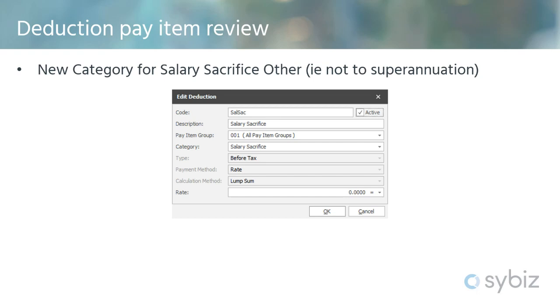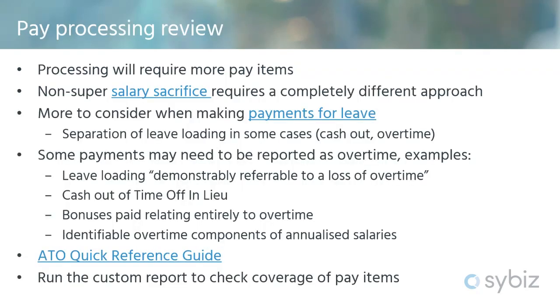We do have a detailed fact sheet on that on our website that you can get to through our FAQs. We did talk about this in more detail in previous webinars, so this is just an awareness that if you are paying salary sacrifice to something other than super, there's a totally different process for STP2 that we'll leave you to research on the Sybiz website.